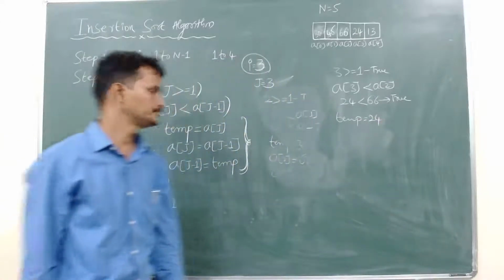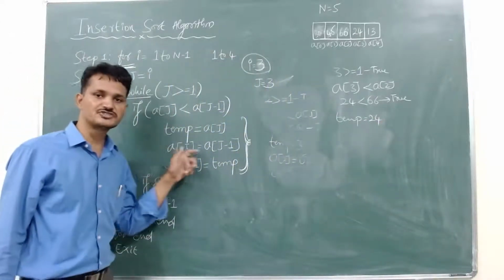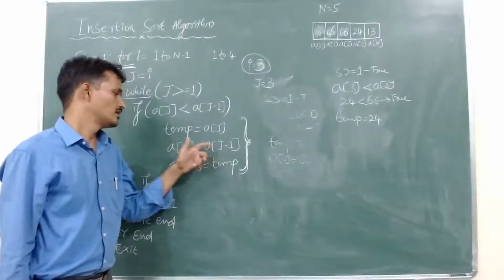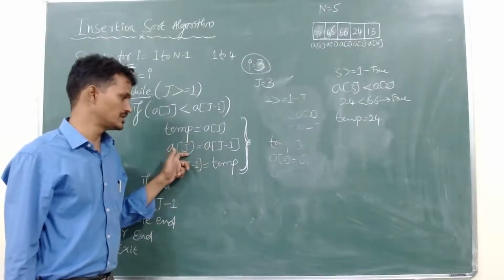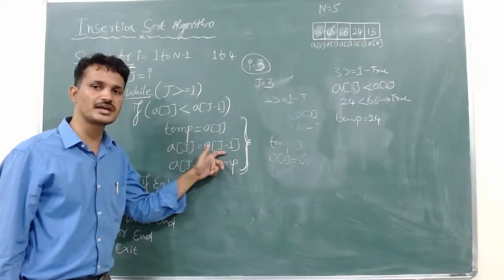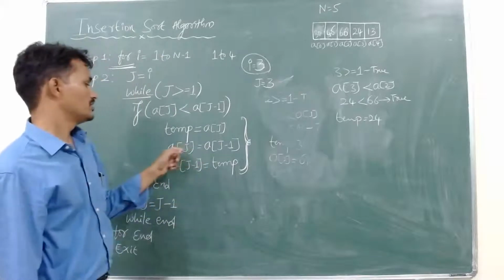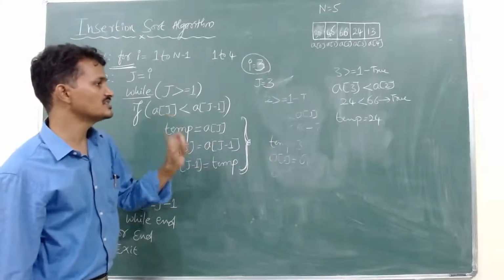Temp variable. Now, a of j is equal to a of j minus 1. A of j means a of 3, and a of j minus 1 means a of 2. What is the value stored in a of 2? A of 2 is 66.